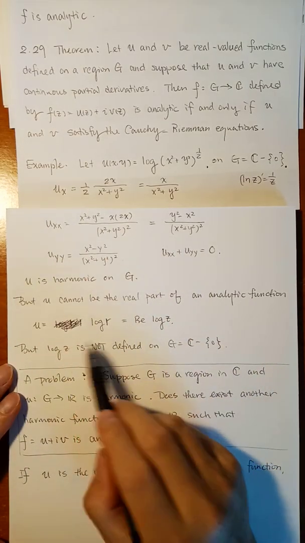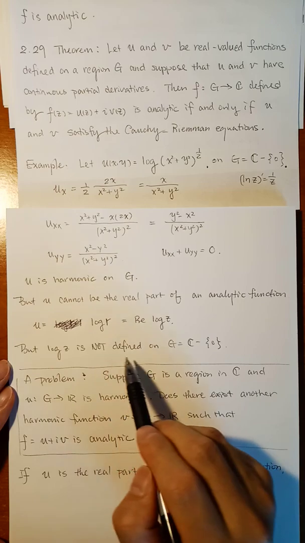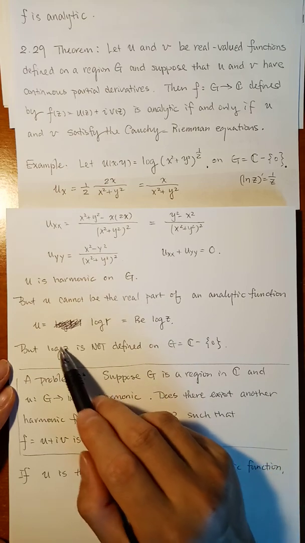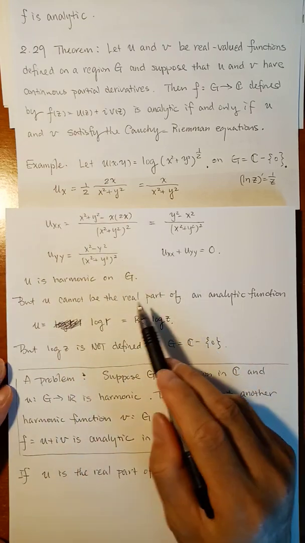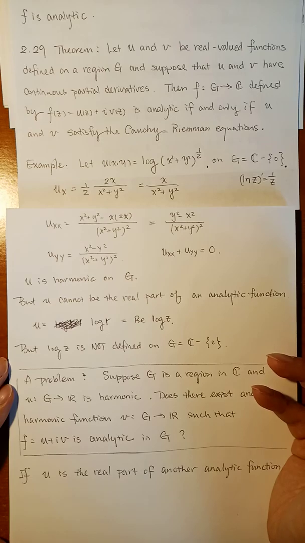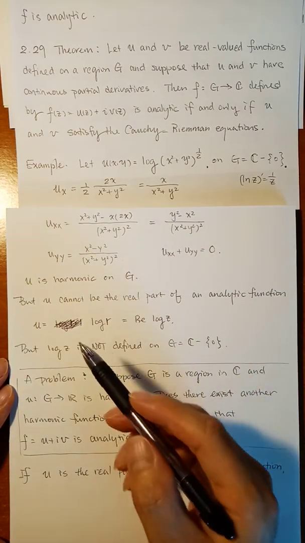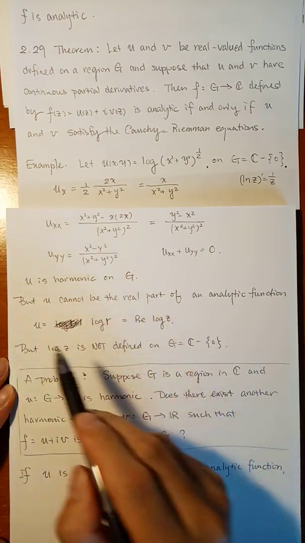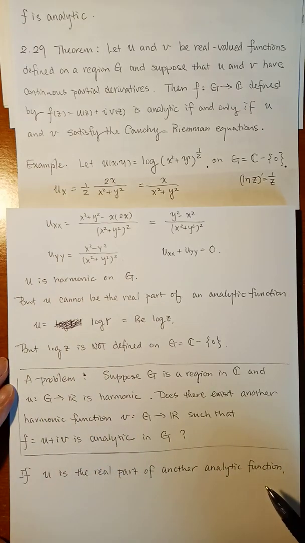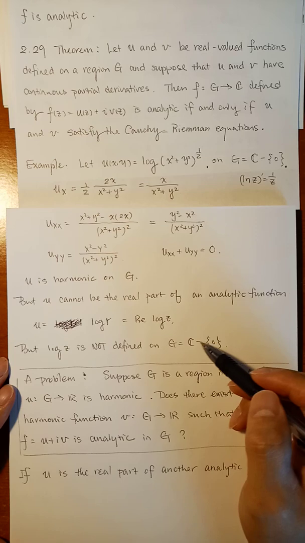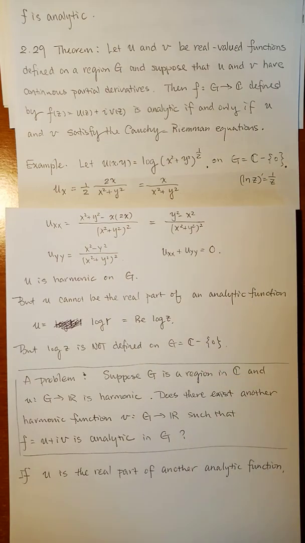Because here u is a real part of a natural log, and since the natural log cannot be defined, there's no imaginary part. That is the explanation. But possibly it is also a real part of a different analytic function, and that analytic function could be defined over this domain. So far, it looks like a possibility.